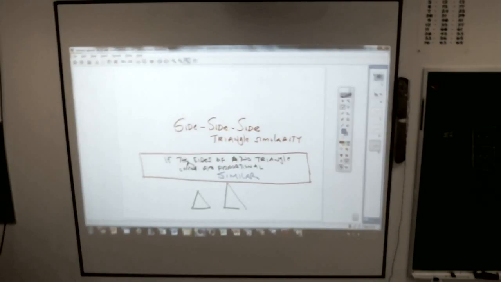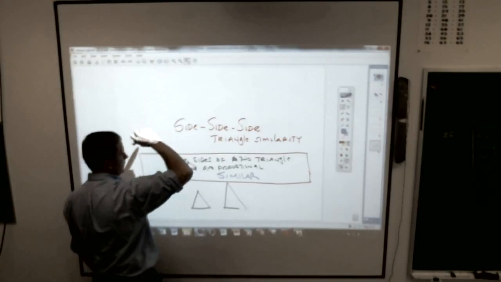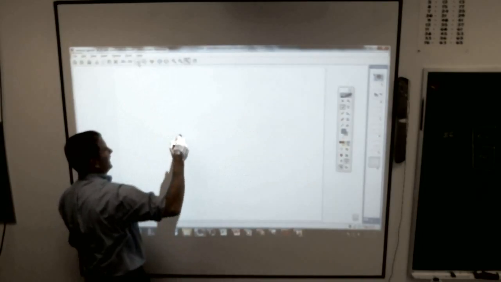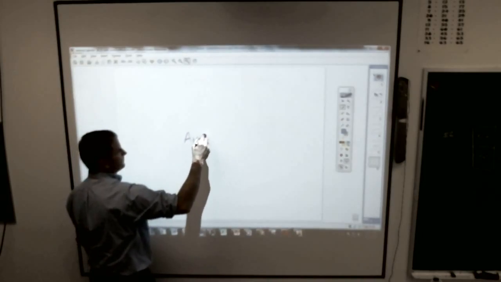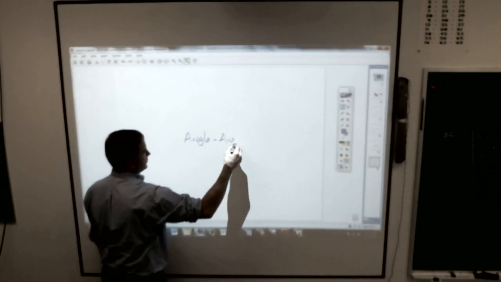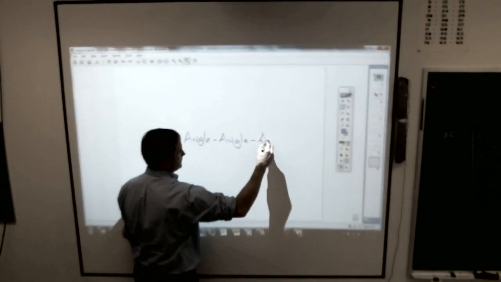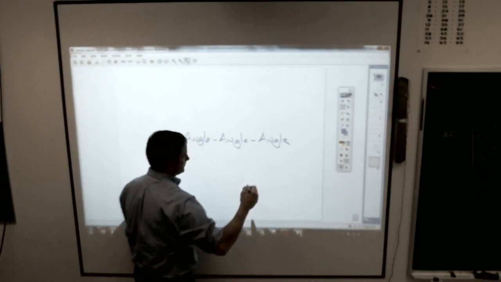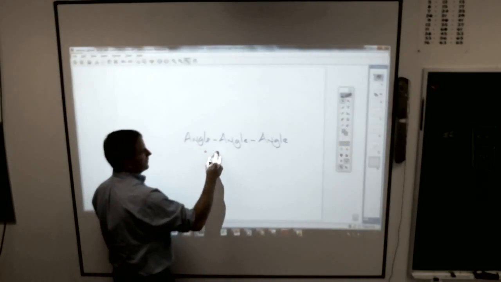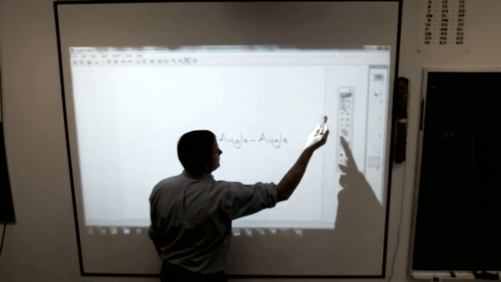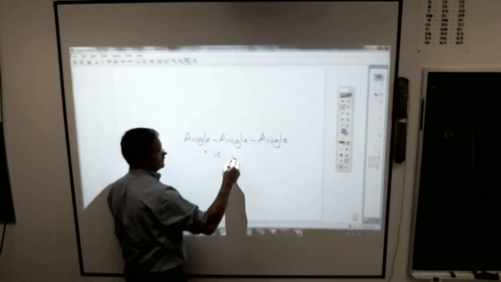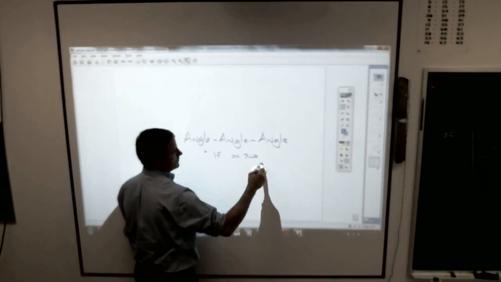And then the other one that you should write down in your notes is one that's called angle, angle, angle. Guess what it says? Oops, what happened there?